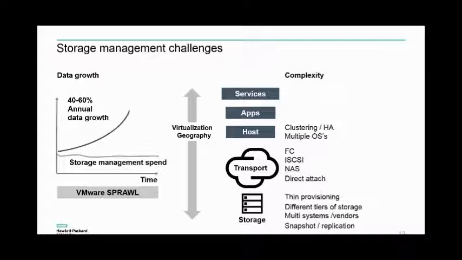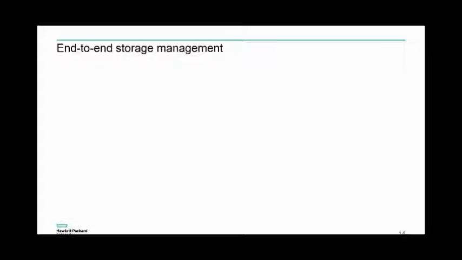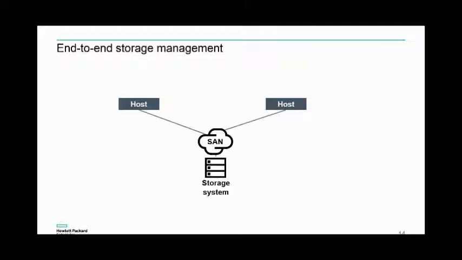So specifically from a storage management perspective, let's just take a quick look at where this complexity comes from. In end-to-end storage management, enterprise storage is provided externally, as managed storage. But remember why we went from local SCSI storage to external storage.